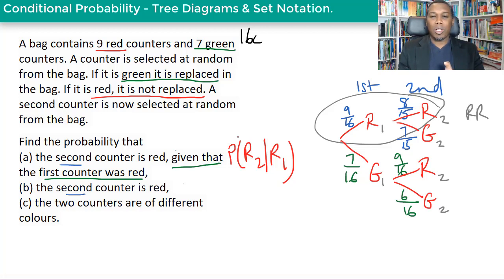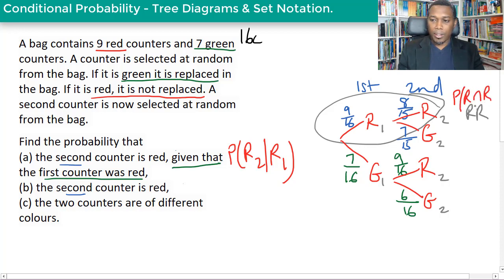I'll confirm to you that we've already done that calculation. Recall that when we go to that RR that I put there, the probability when you follow the branches and do multiplication, which is what you're used to doing, is actually the probability of red intersection red.